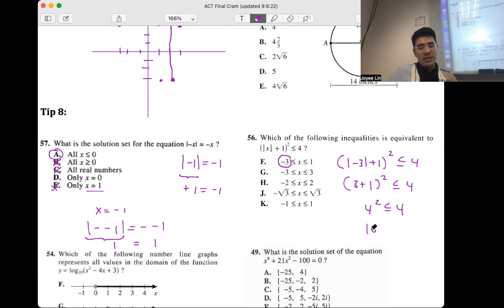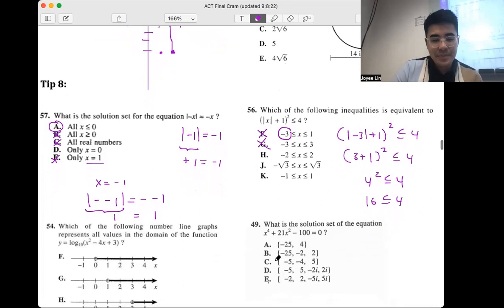That is not true, right? 16 is not less than or equal to 4. So this one doesn't work. Plugging in answers can oftentimes save you a lot of time.